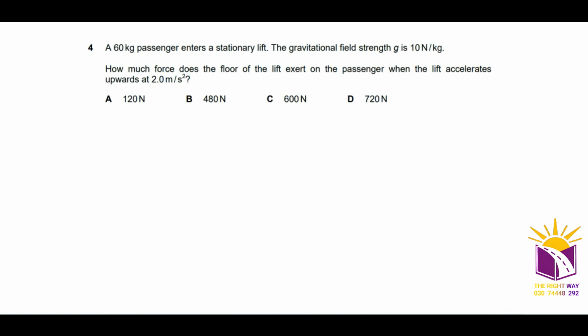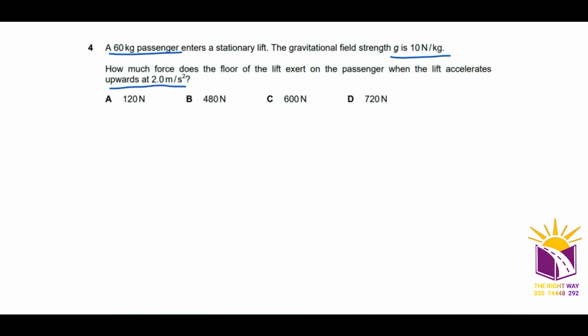Question number 4. A 60 kg passenger enters a stationary lift. The gravitational field strength g is 10 Newton per kg. How much force does the floor of the lift exert on the passenger when the lift accelerates upward at 2 meter per second square?